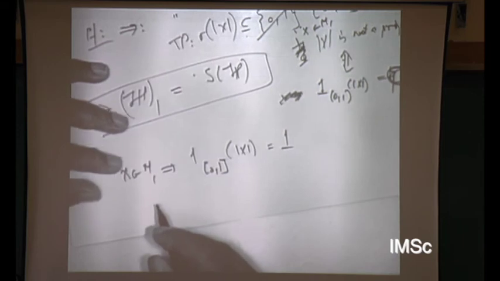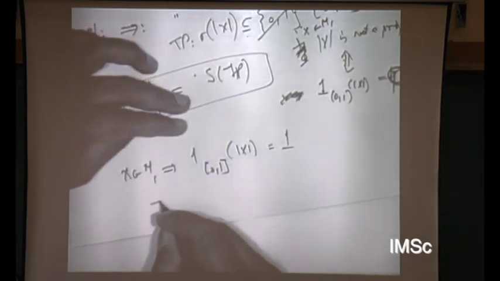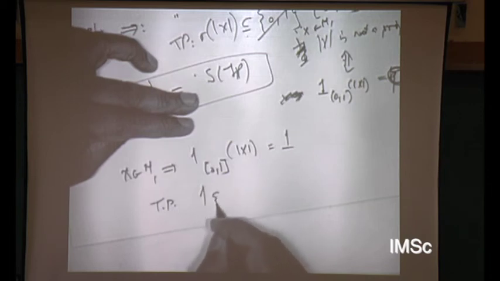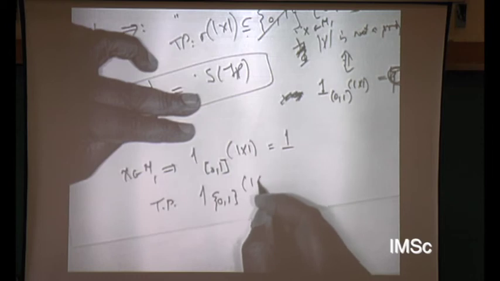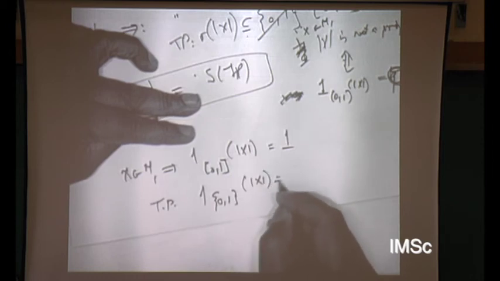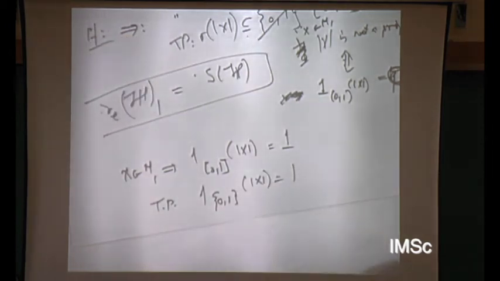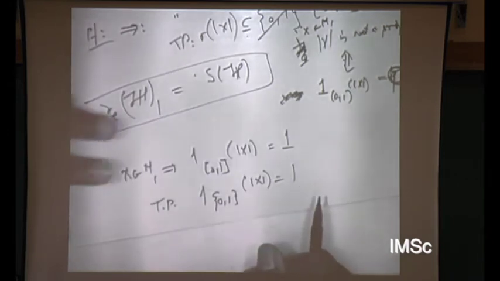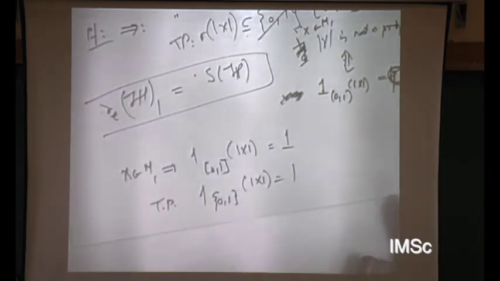See, X in M1 implies that 1 sub closed interval [0, 1] of mod X is the identity. You're trying to say the spectrum is contained here. That means the difference must be zero.